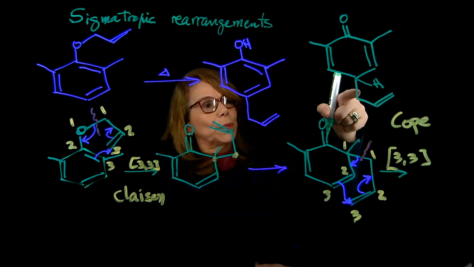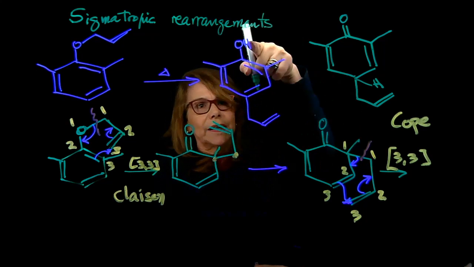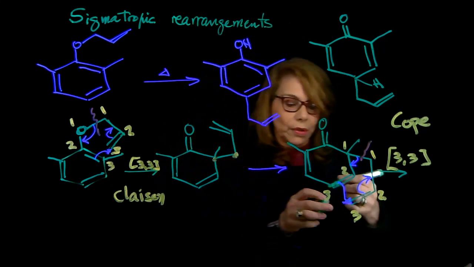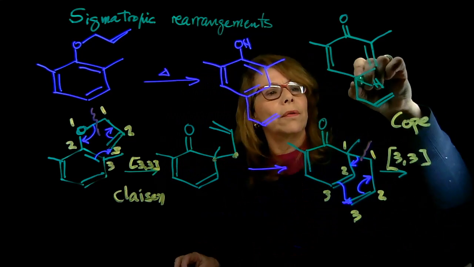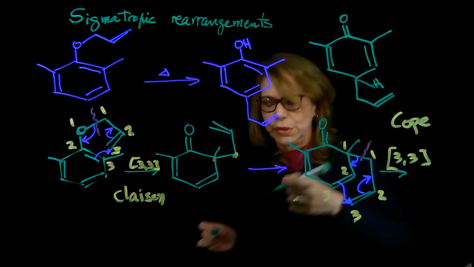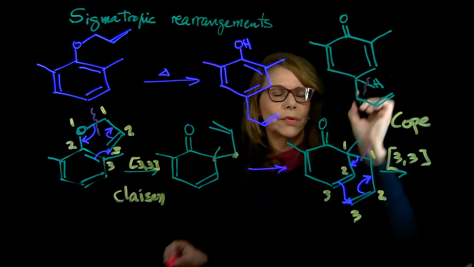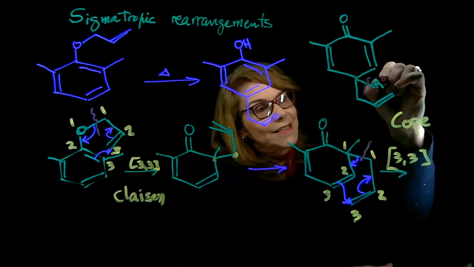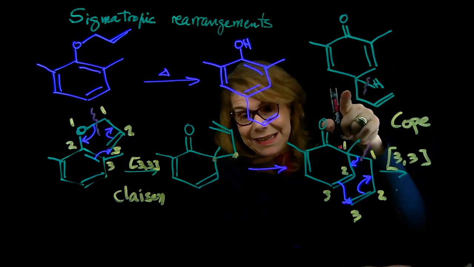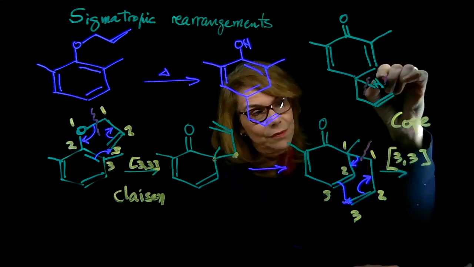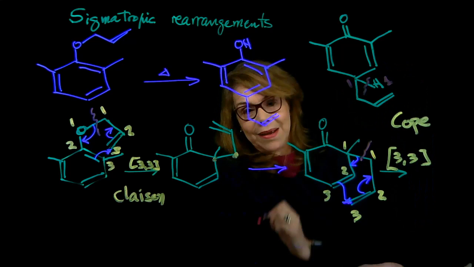Now, what we're going to propose, notice, is that I need an H over there. Now we're going to propose another rearrangement. This time I'm going to be breaking the bond here with the hydrogen. And let's say we're naming the ends of the bond that breaks with number 1, so 1 here.